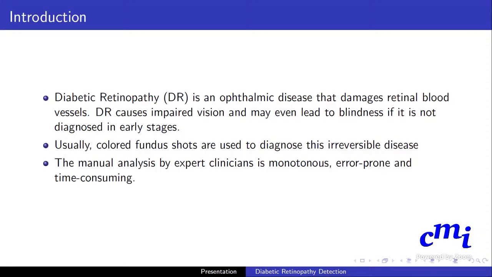Here, for detection of DR, colored images of the retina showing the blood vessels are used. But detection of this disease by trained physicians is not a very effective way, as it is more error prone, costly, and time consuming. Hence, computer vision techniques are used for its easy detection.